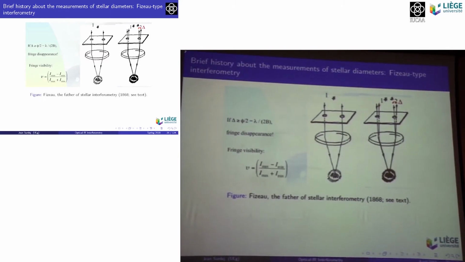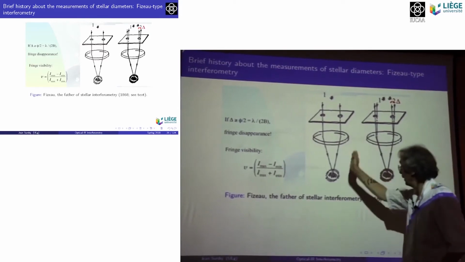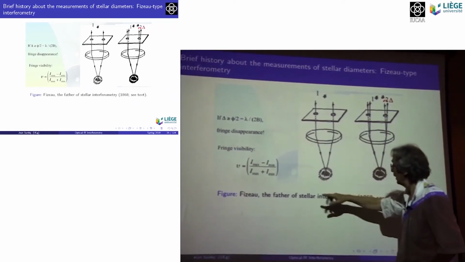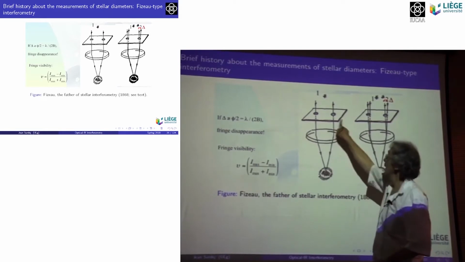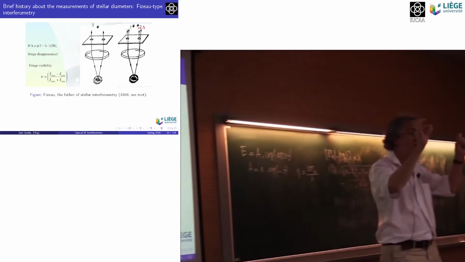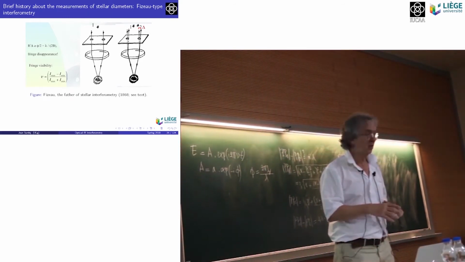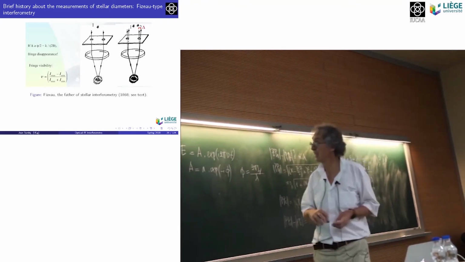But in addition, there would be interference. So I would see interference fringes, which are perpendicular to the direction between the two holes, just as in the previous experiment.